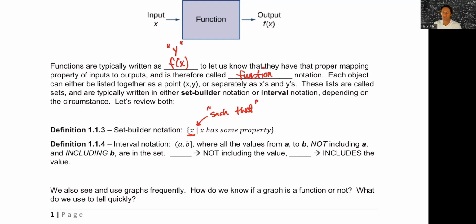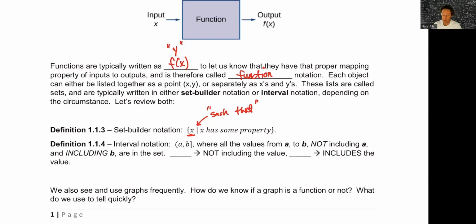The one that we use most often is that interval notation, where instead of saying that there's some property for our x, all right, we will say instead of x being less than or equal to 3 and greater than 0, we can make that much simpler and just say, well, it's from 0 to 3. And then we just got to make sure, is this included or that, or is it just everything in between 0 and 3?